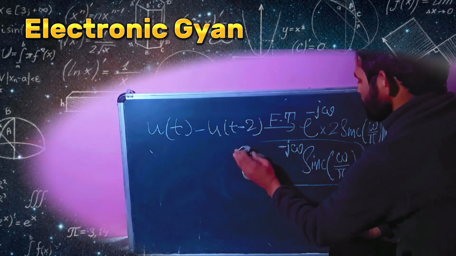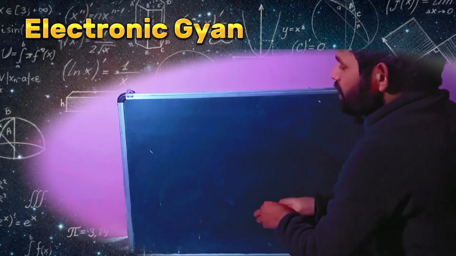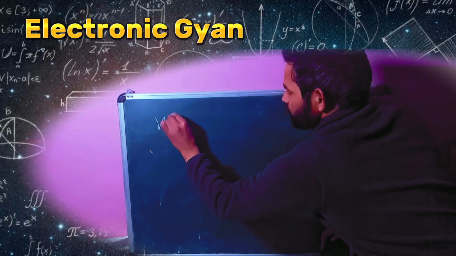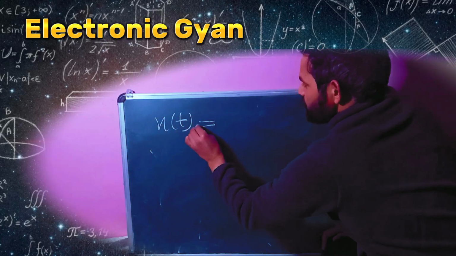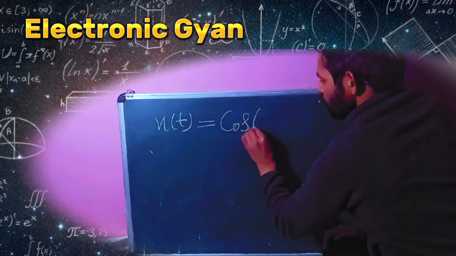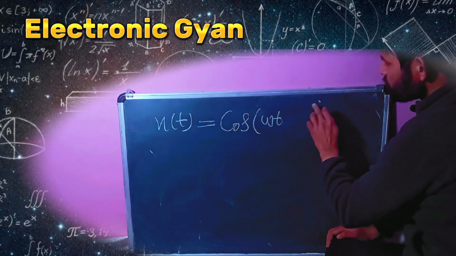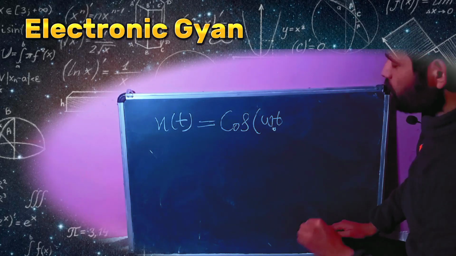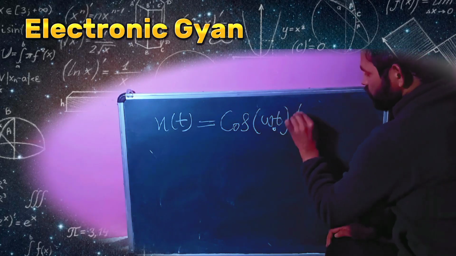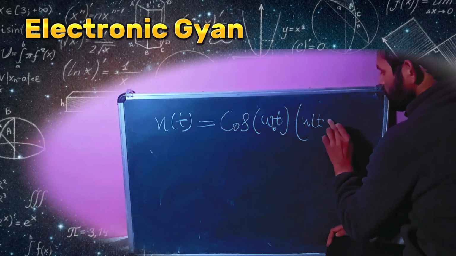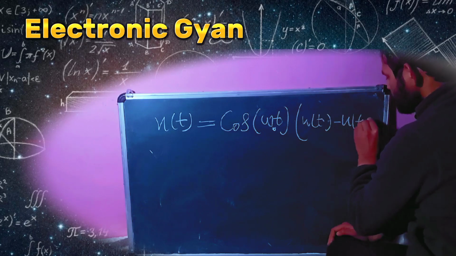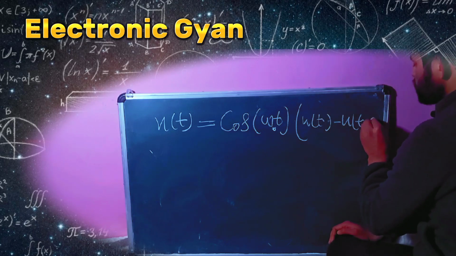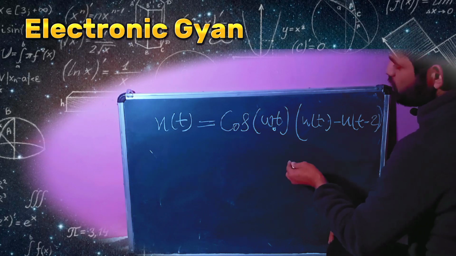So for the unit step signal, let me write the standard given signal. The given signal was x of t is equal to cos omega naught t into u of t minus 2.